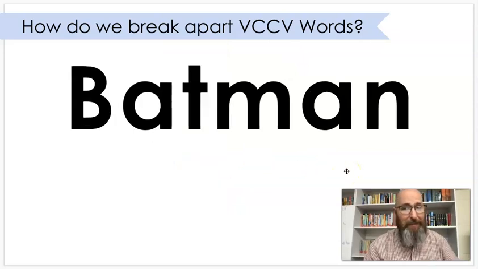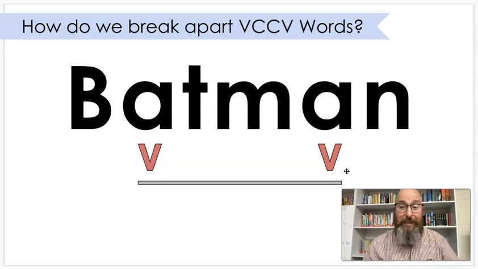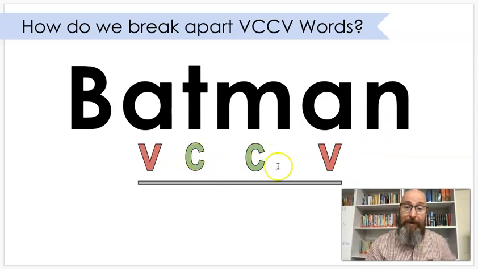Let's try another one. I bet you know this word already. But we're going to sound it out and practice it anyway. What's the first step? Label the vowels. That's correct. After we label the vowels, we build a bridge. After we build a bridge, we label the consonants. And we have 2 consonants there, a T and an M. After we label the consonants, where does the word break?